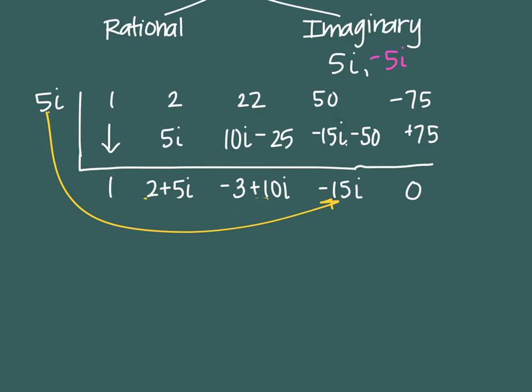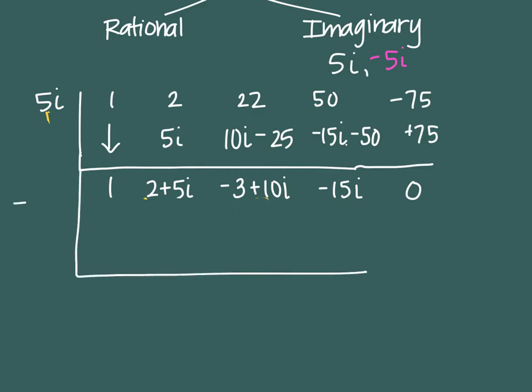What's it going to work for also? It sure will. So it's going to work for negative 5i too. And the second one, I promise, goes way faster than the first. The first one always takes the most numbers, but we're going to do it with negative 5i. So we drop a 1. We get negative 5i.